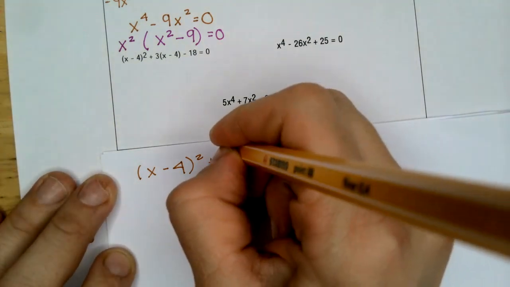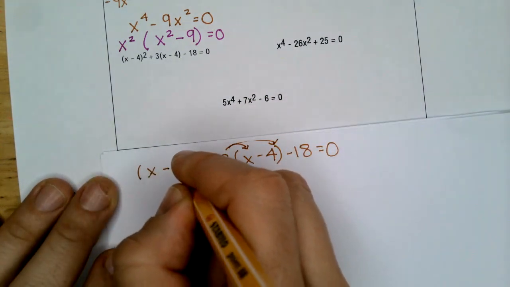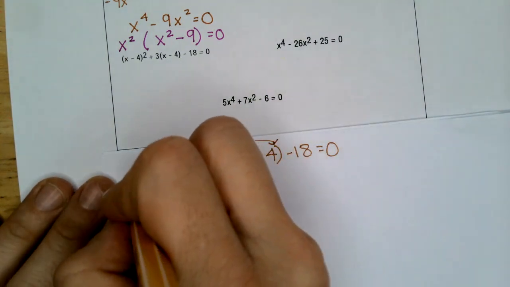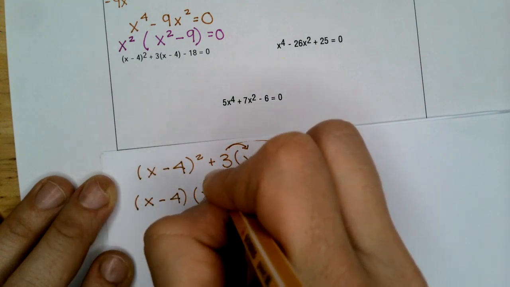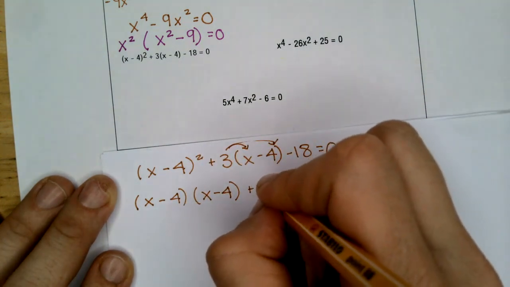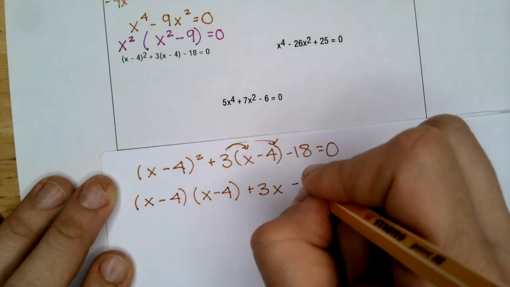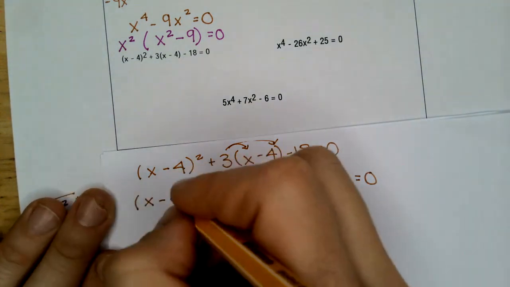So you're going to distribute the 3. You're going to change the x minus 4 squared into a trinomial. So that'll be x minus 4 times x minus 4 plus 3 times x, right, is 3x. 3 times a negative 4 is a negative 12, minus 18 is 0.